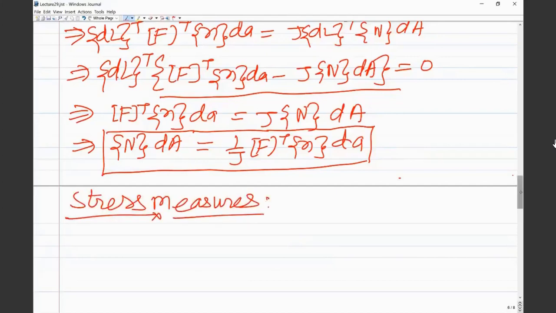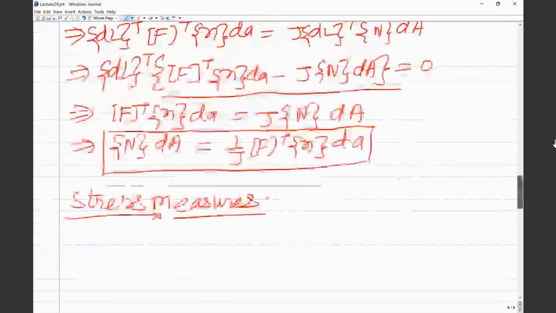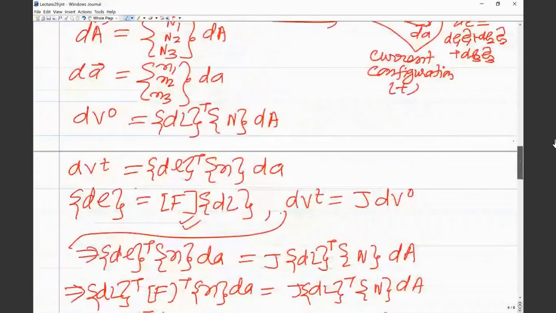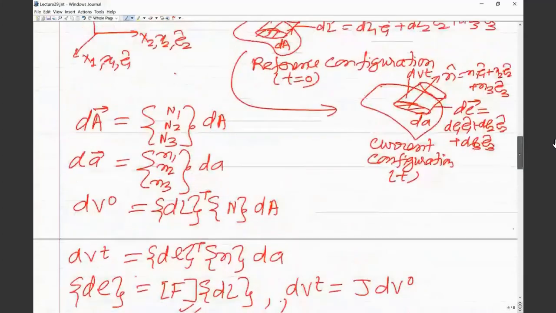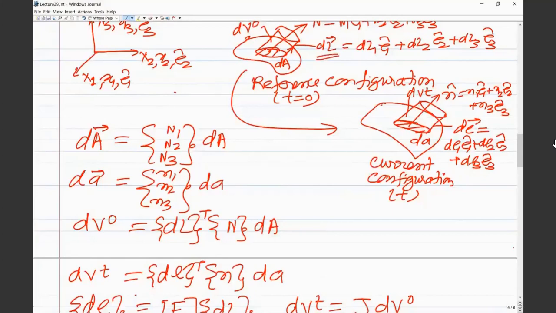A student asks: how did you write that volume, dL into N dA? dL transpose N dA: I have written this as the dot product. If you take the dot product of the area vector and the vector dL, essentially the component of dL along the normal to the area gives you the volume.